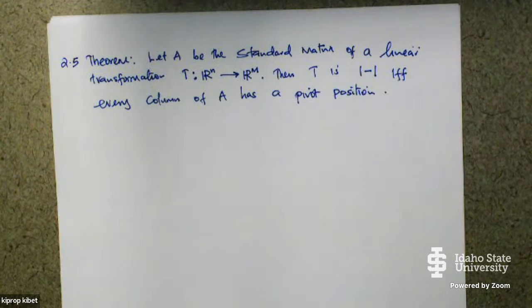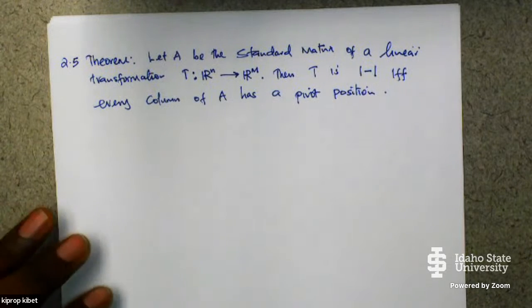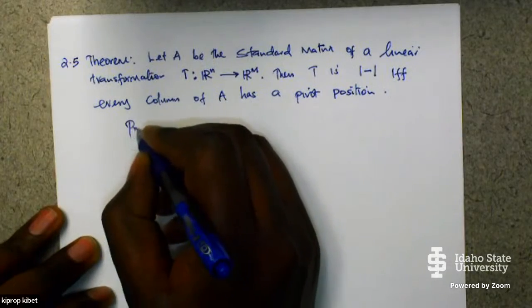So we let A be the standard matrix. If you remember how our standard matrix was, then if you reduce that matrix, for it to be 1-to-1, each column should have a pivot position. So let's prove this one briefly.